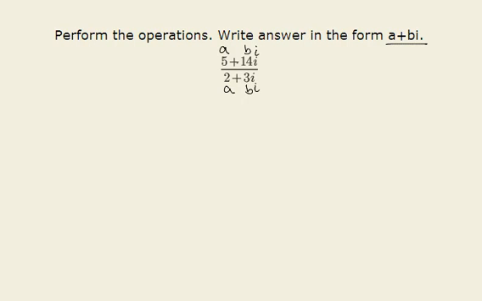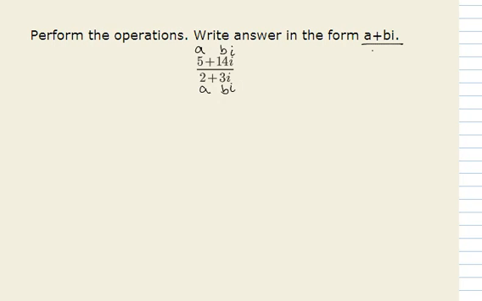Now, we cannot simplify this any further in the traditional manner, as 2 does not go into 5 evenly, and 3 does not go into 14 or 5 evenly. So in order to simplify this, we're going to multiply both the numerator and the denominator by the complex conjugate of the denominator.